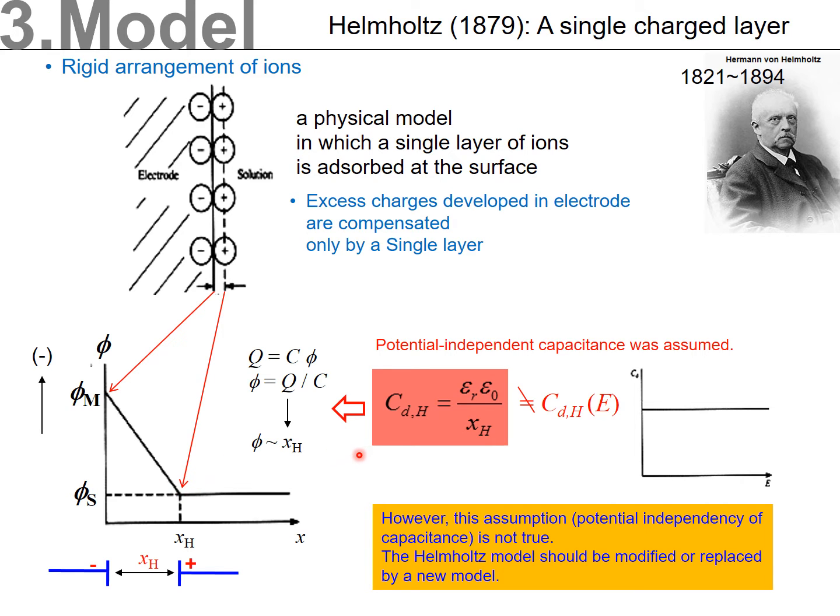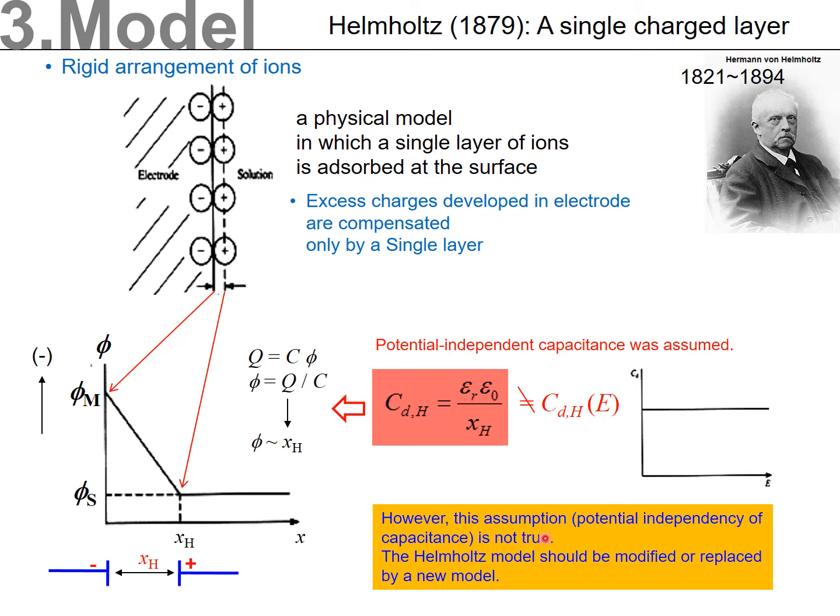However, anyway, I have said Helmholtz assumed potential independent capacitance. However, this assumption is not true, as you know. In subchapter 2 on the electrocapillary effect, you have learned that the capacitance would be minimized at the point of zero charge.